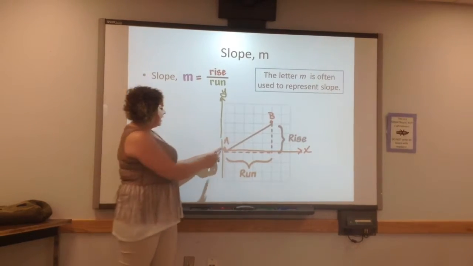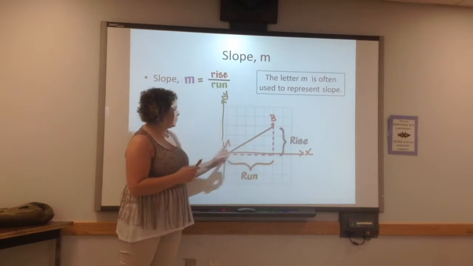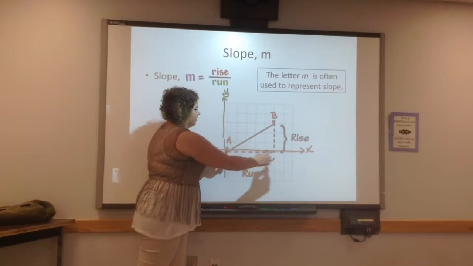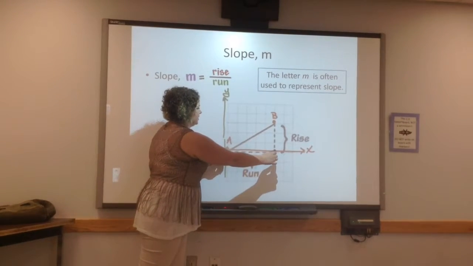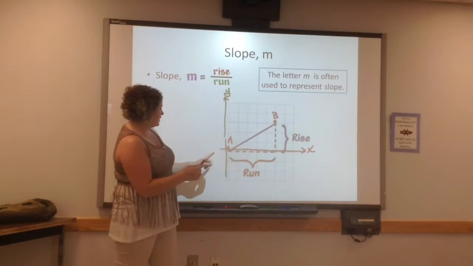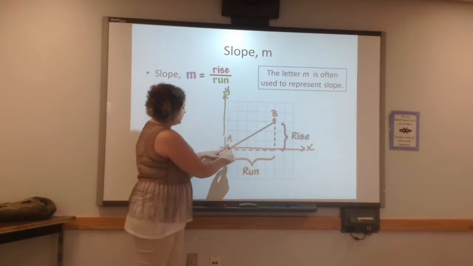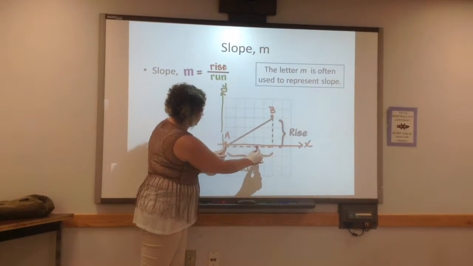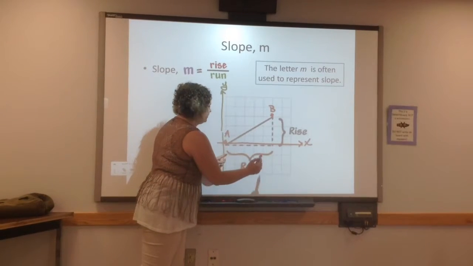Okay, so to get from this point to this point, we would have to run this far and then rise this much. So to find the slope of this line, we have to run over 1, 2, 3, 4, 5.